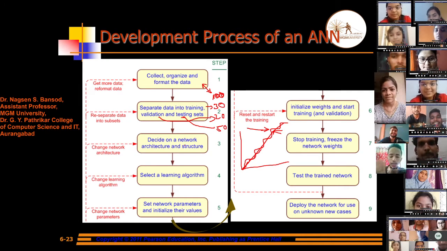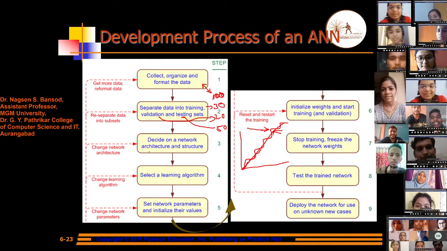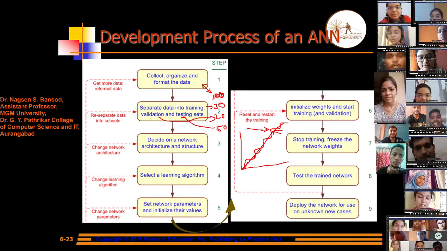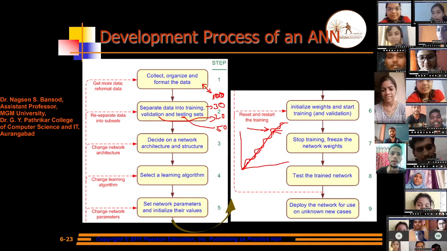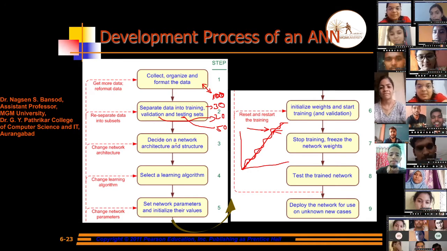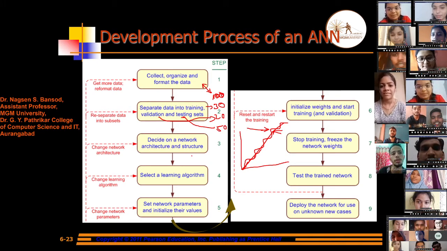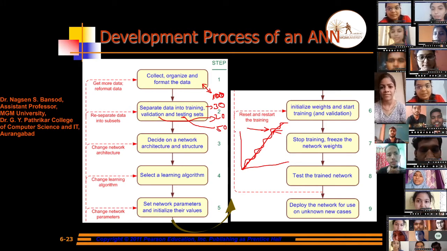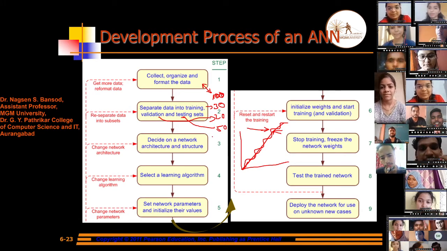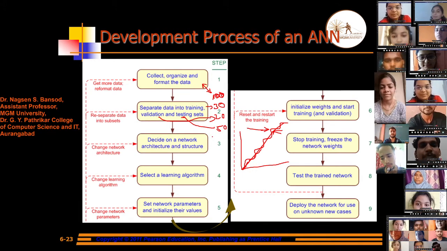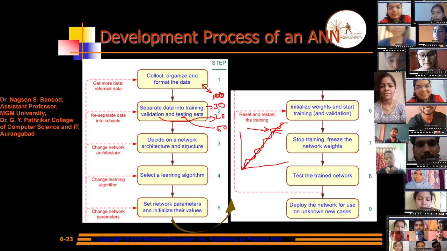Now, decision on a network architecture and structure. After doing this, we have to decide which network architecture we use to solve our problem, to classify our data or to predict the output.